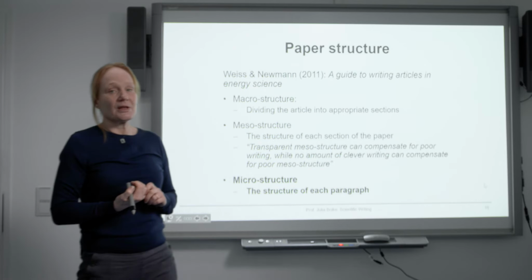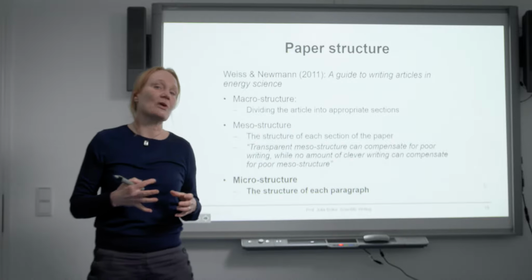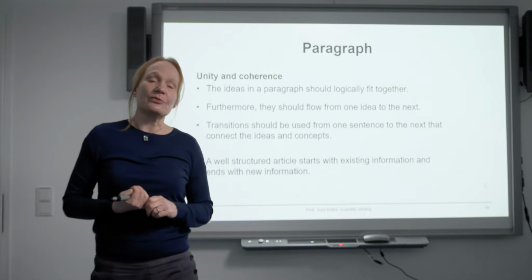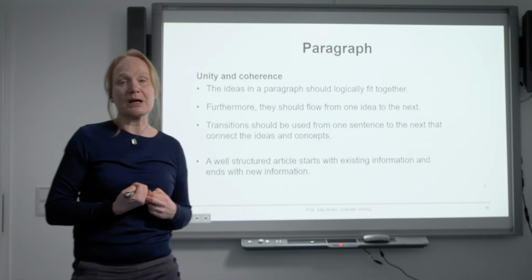Okay, now the next session will be more about the paper structure, and specifically we're talking now about this microstructure. So this is the structure of each paragraph, the smallest unit of our paper. You heard already before what I tried to say about the story arc.